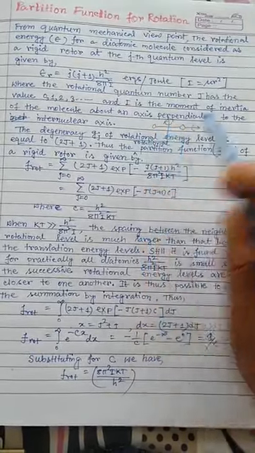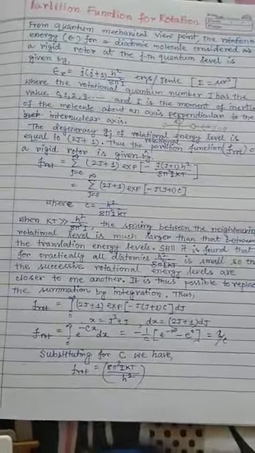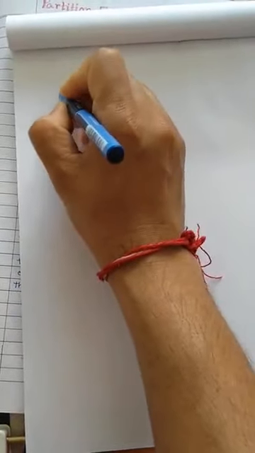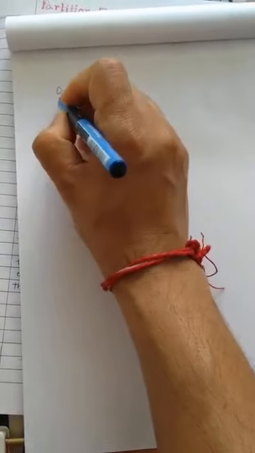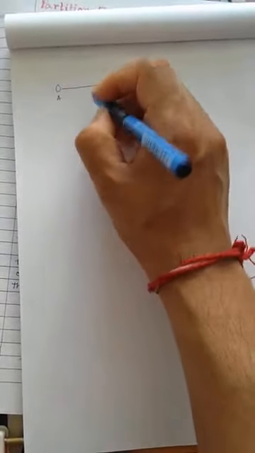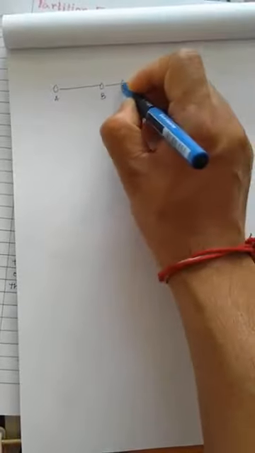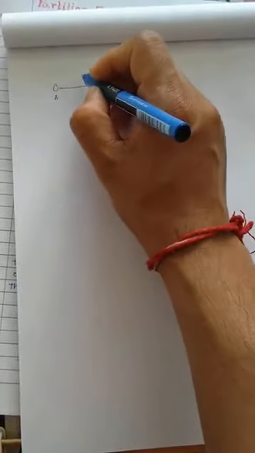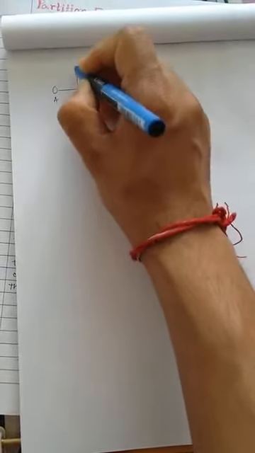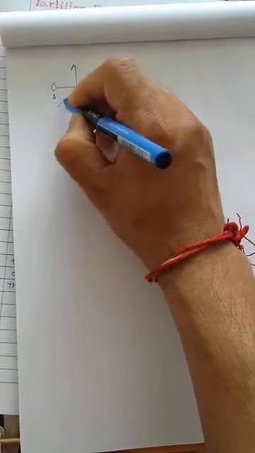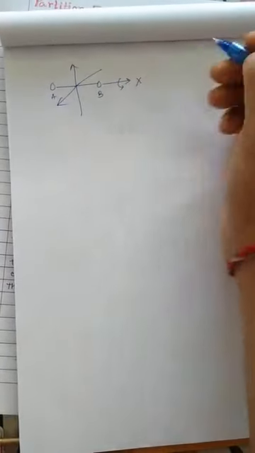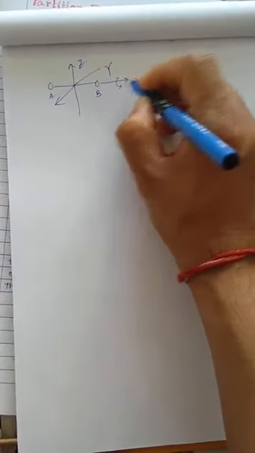To clarify these things, I can give you a clear picture. Suppose this is a molecule, this is atom A, this is atom B, and this is the internuclear axis. You can assume two more axes which are perpendicular. If this axis is along x, this is along y, and this is along z.